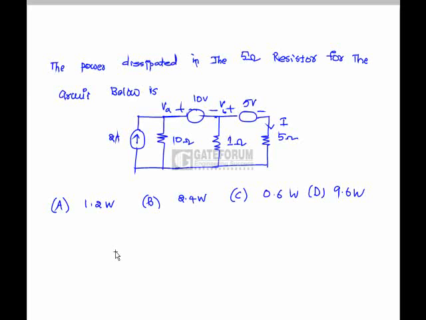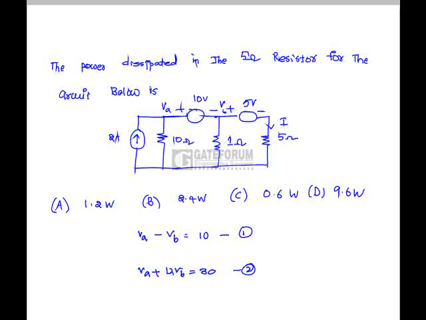Next question: the power dissipated in the 5 ohm resistor for the circuit below is. Here if we apply, that is VA minus VB is 10. Now next, VA plus 12 VB is 30, this is equation 2.